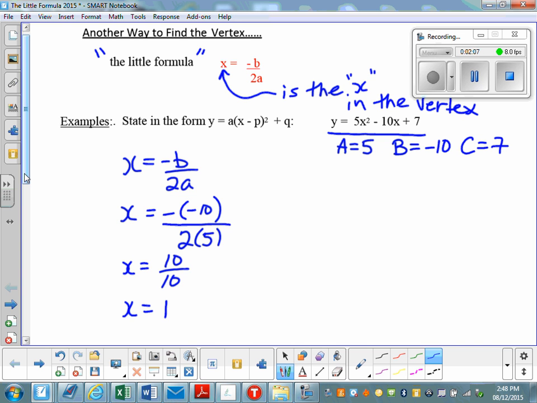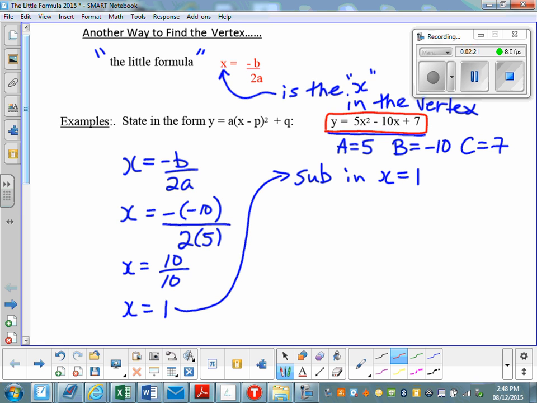I need the second part of the vertex. I need the y value. So then I'm going to take my x equals 1, and I'm going to sub it in. And when I sub it into my equation up above here, it's going to look like this. 5 times 1 squared minus 10 times 1 plus 7.